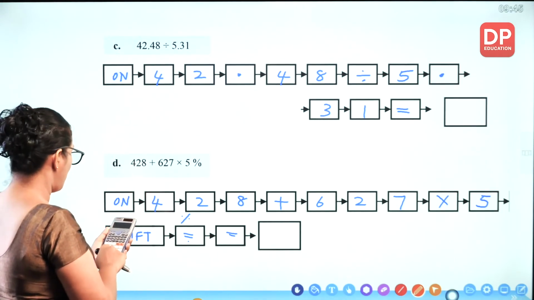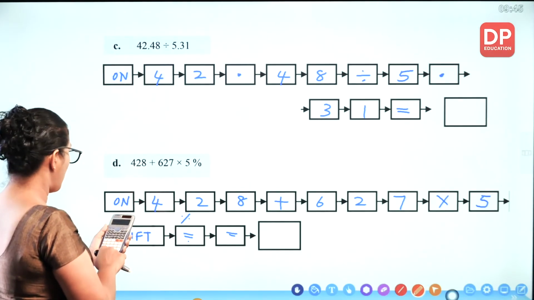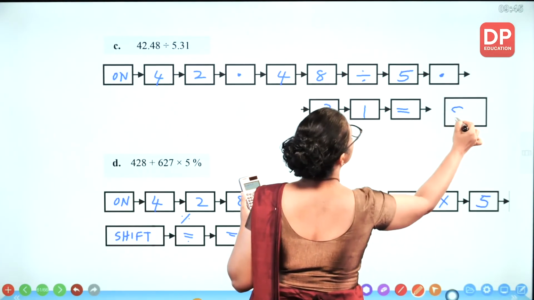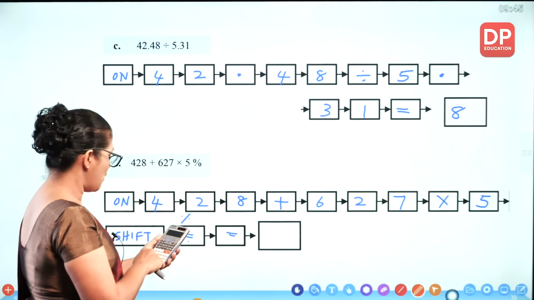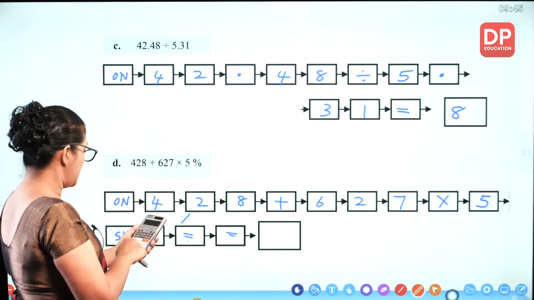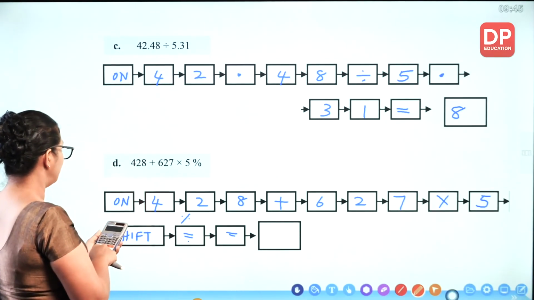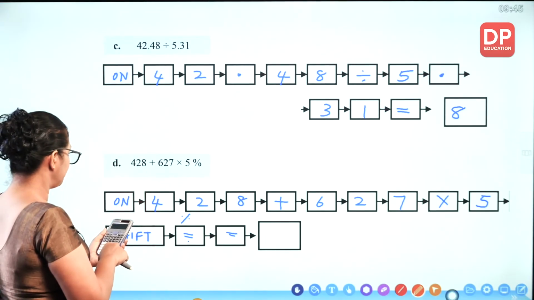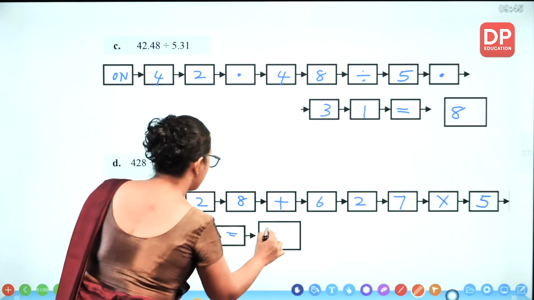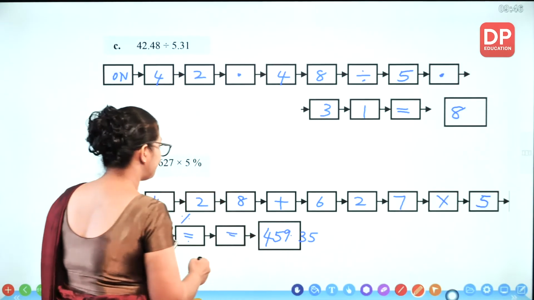First one, 42.48 divide by 5.31, 8 is the answer. This one, 428 plus 627 into 5%. Answer is 459.35.